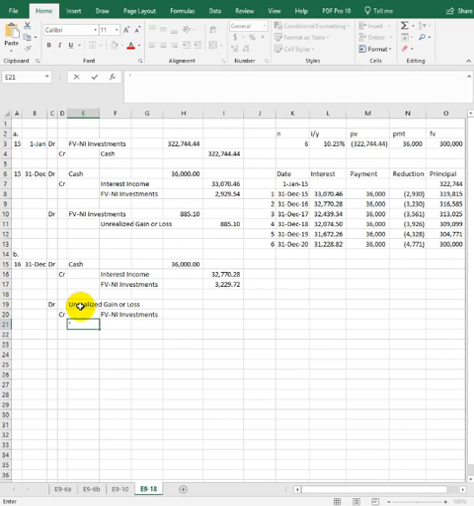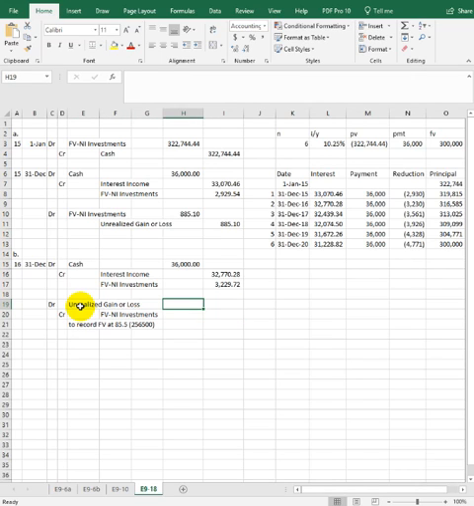We want it to be to record fair value at 85.5, which is 0.855 times 300,000 face value, 256,500. So that's the number that should be in place after we're done all of these adjustments.